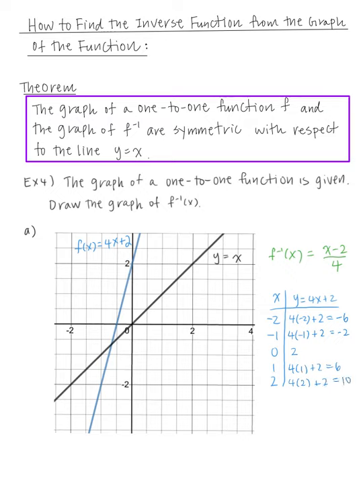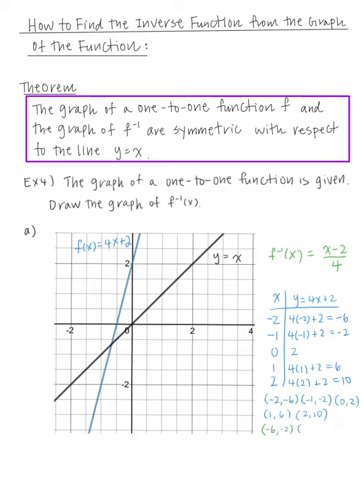So right now we have (-2, -6), then (-1, -2), (0, 2), (1, 6), and then (2, 10). Now remember the inverse. For inverses, you just swap the coordinates. So here you're going to have, instead of (-2, -6), you're going to have (-6, -2).